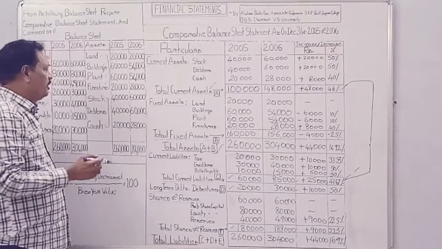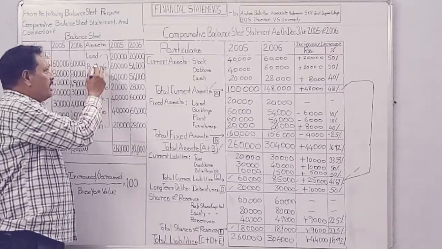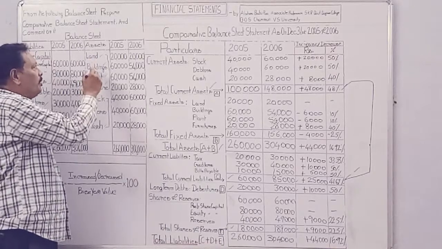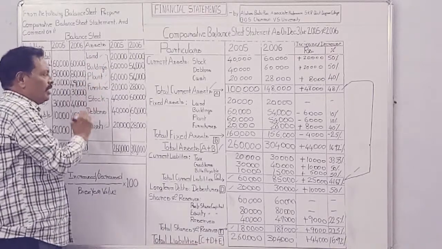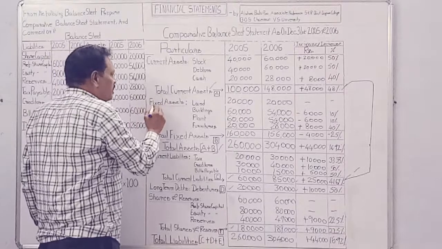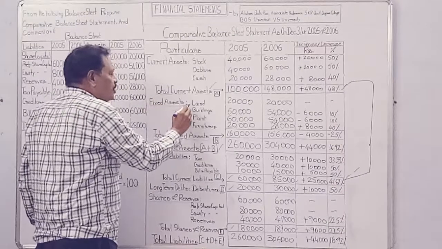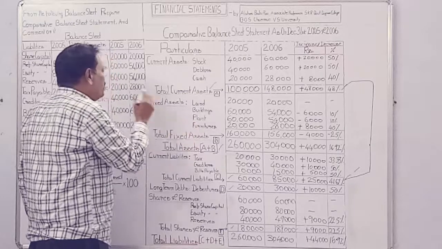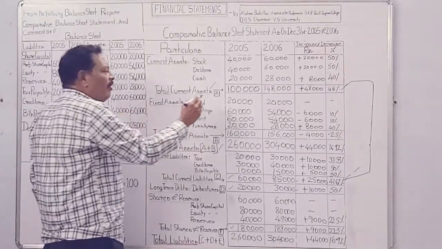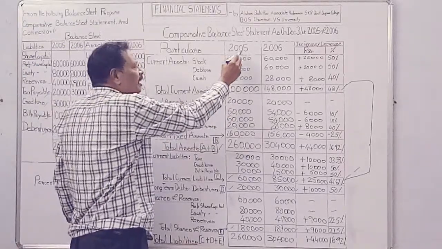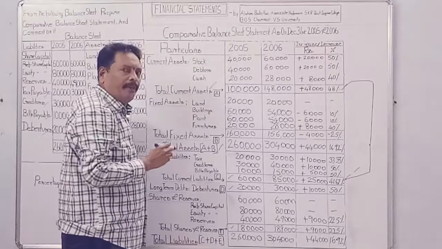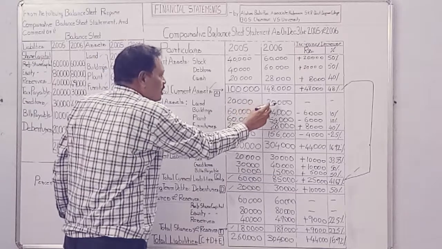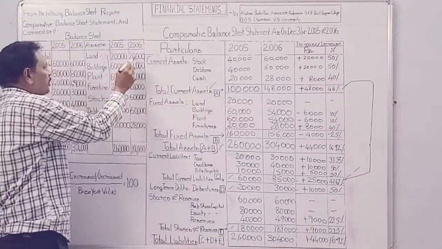And then write the remaining fixed assets. 4 assets are given in the balance sheet: land, building, plant, furniture. Under these fixed assets, you simply write land, buildings, plant, furniture and mention these values in the given periods. Land 20,000, 2006 also 20,000.